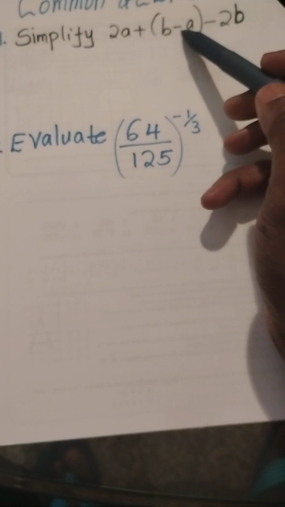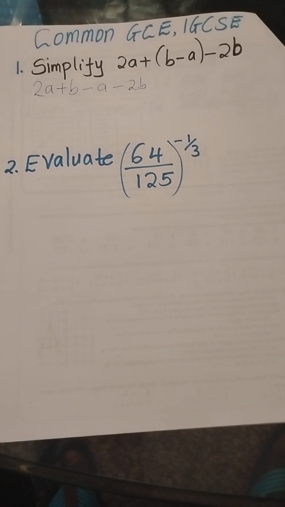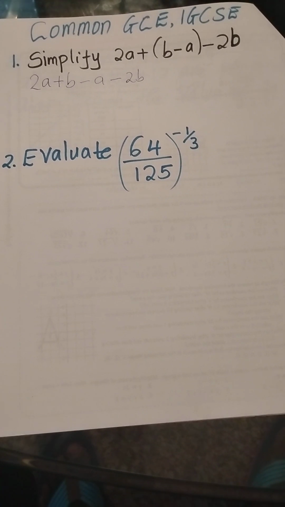So I have 2a plus bracket b minus a minus 2b. So this sign here, we remove the bracket and now have 2a plus b minus a minus 2b. That is the first step that we do. The second step, we collect like terms.